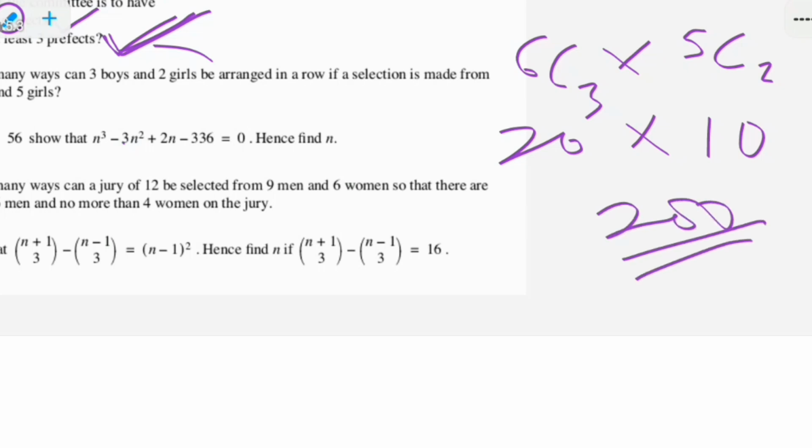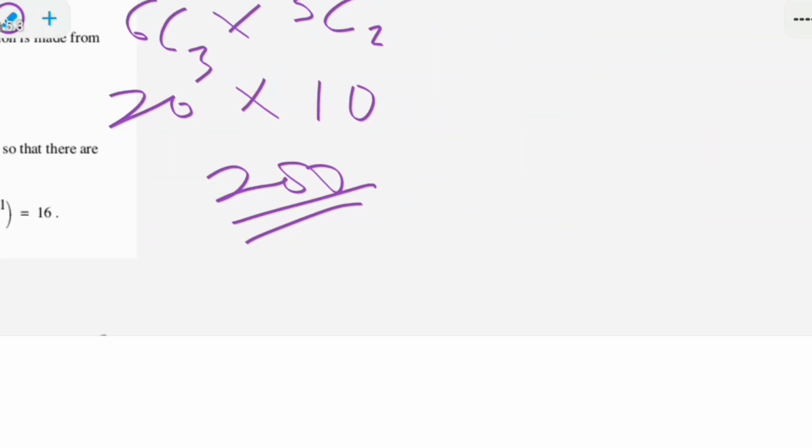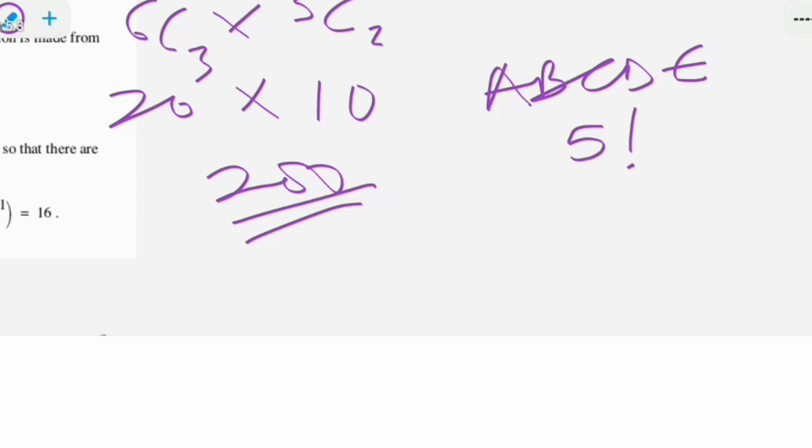But what about the arrangement? Now the arrangement is, you're arranging 5 people. You have 5 things like A, B, C, D, E, and you want to arrange them. The arrangement is factorial, 5 factorial. You don't really care about the order, just arrange them on a straight line. If you do 5 factorial, you get 120.